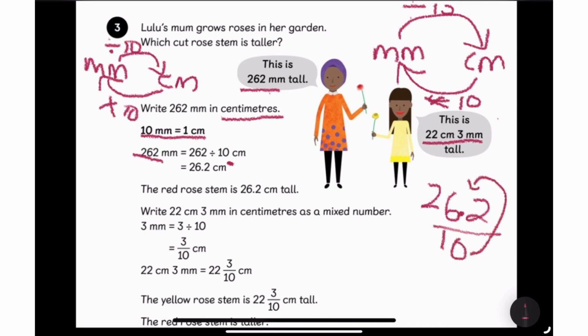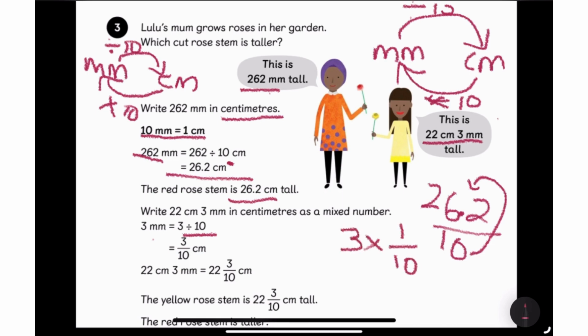Now we are going to write 22 centimeters 3 millimeters. That is Lulu's rose. Again, millimeters to centimeters, I divide by 10. So 3 millimeters divided by 10 is 3 over 10.